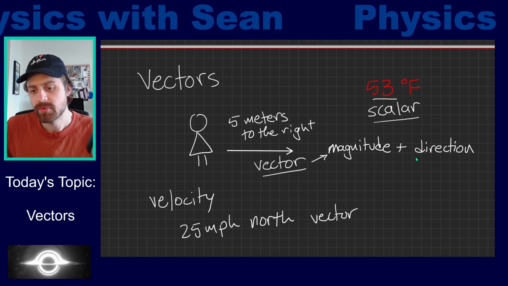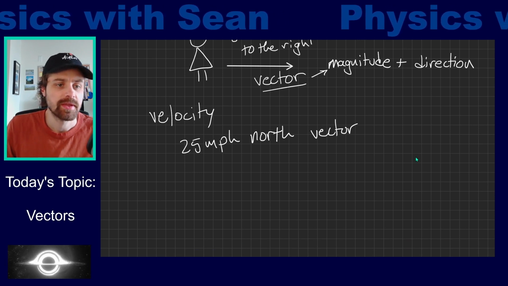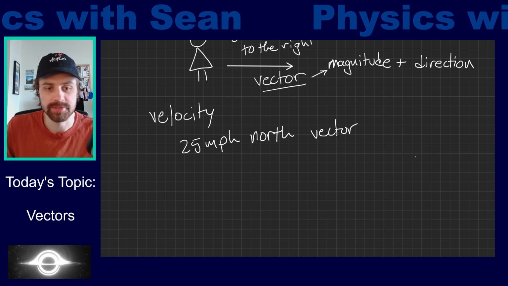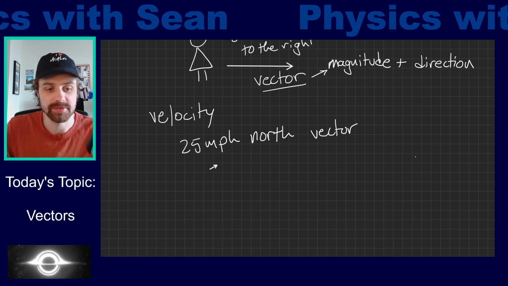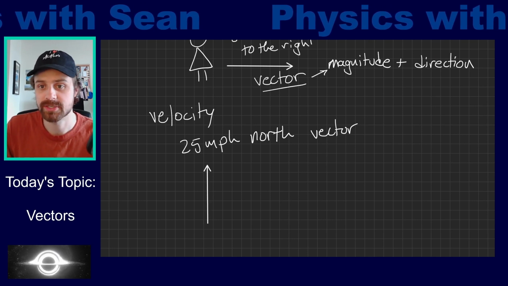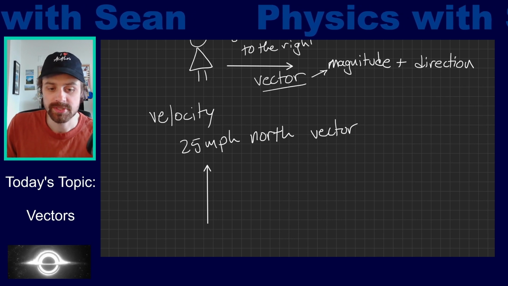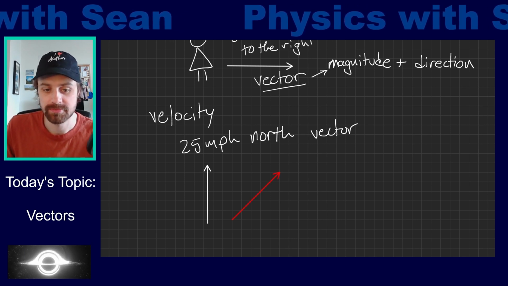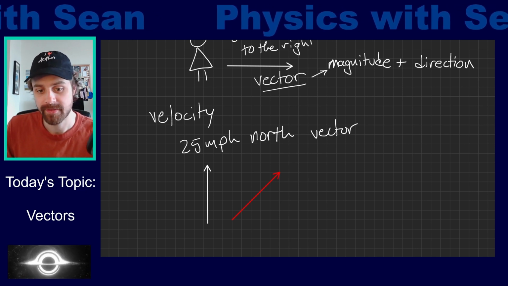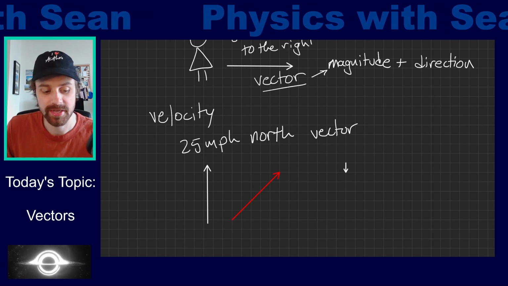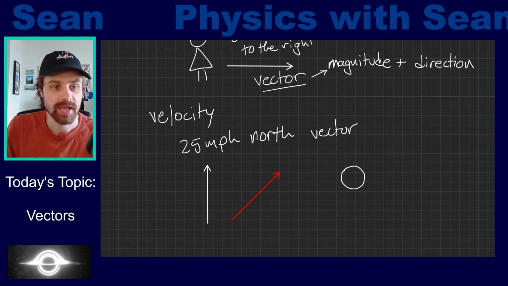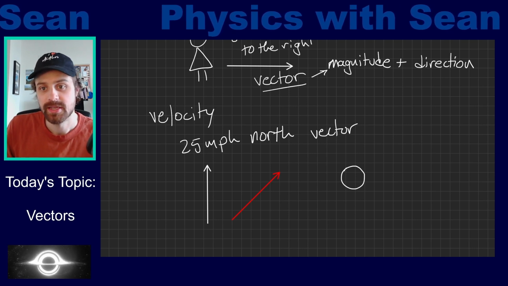And typically when we're talking about vectors, we use this notation, kind of what I did before, using arrows. In the case of our car here, we've got 25 miles per hour north, an upwards direction, or we can say something moves up and to the right. Or we can be very specific and show an example, something we'll talk about later, like a soccer ball that's kicked in a very specific direction.